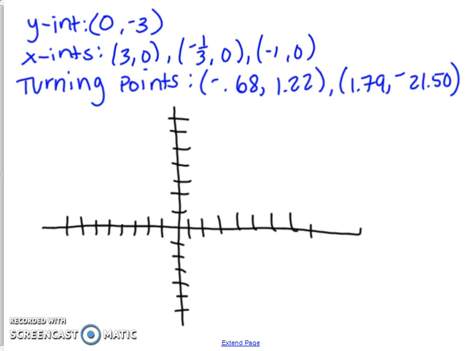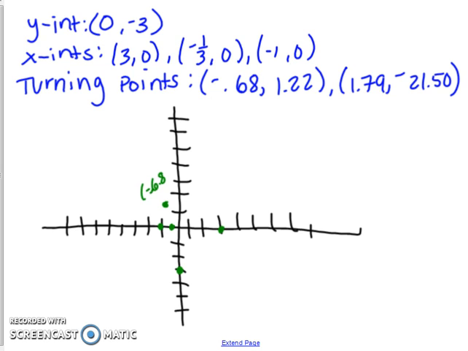All right, so I have (0, negative 3). I have (3, 0), (negative 1/3, 0), (negative 1, 0). Here I'm going to label that because that's my turning point.